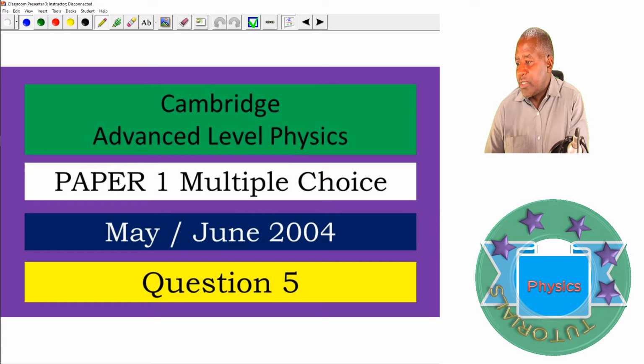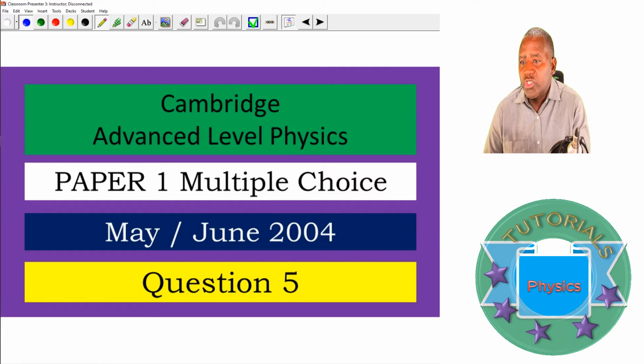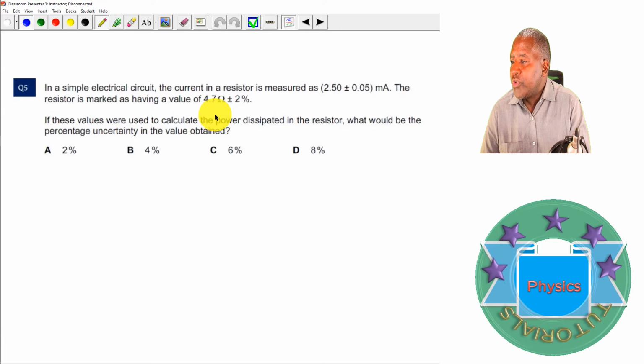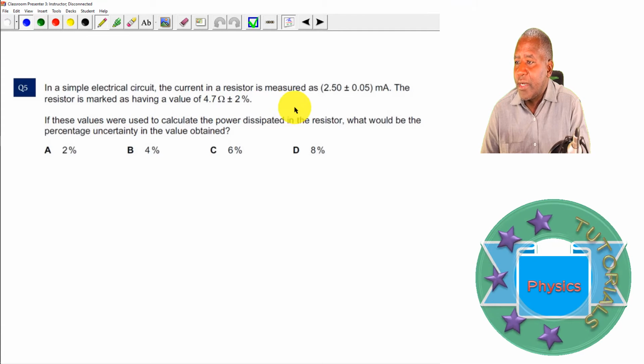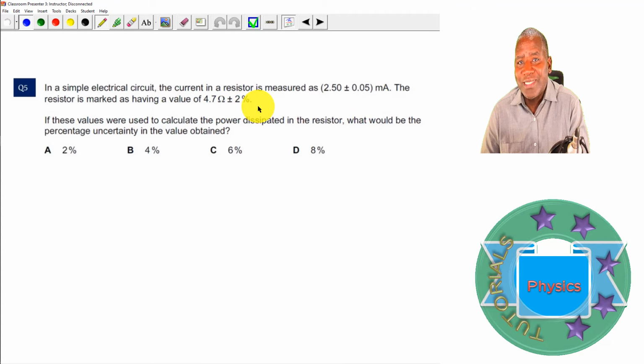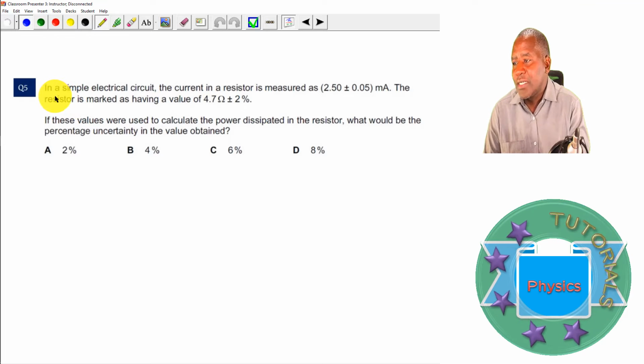And this one comes in the May-June 2004 paper, question 5. Let's see what we have. You can see it combines absolute uncertainty with percentage uncertainties. So let's see what the question is asking us to calculate.